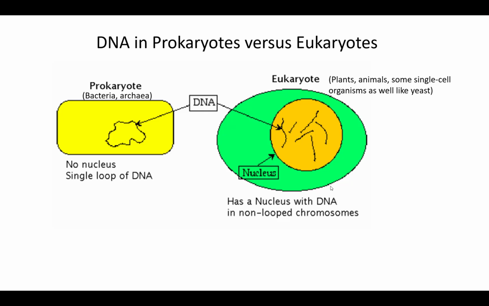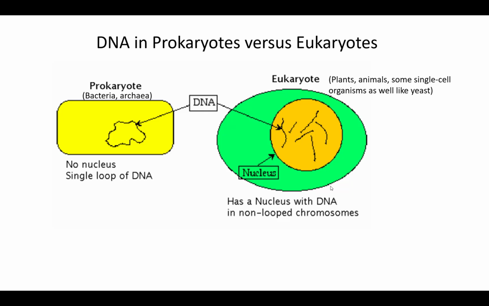So eukaryotes include all plants, animals, and even some single-cell organisms such as yeast. So eukaryotes do have a separate compartment for the DNA, and that is called the nucleus. The chromosomes are found within the nucleus, and the chromosomes are multiple pieces of linear double-stranded DNA.